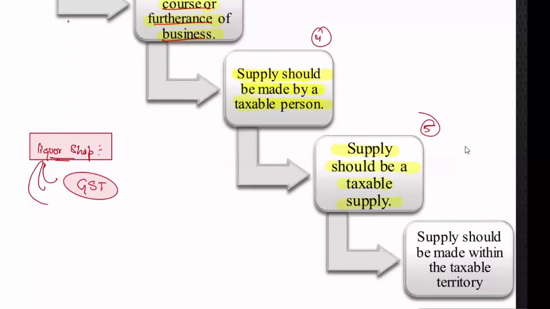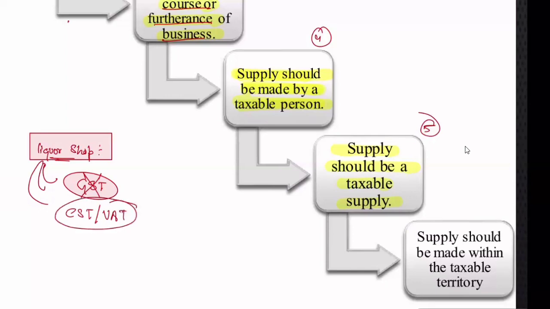You are correct. Who was that? Sumit was correct. Okay, because liquor is outside of GST. The Center agreed with that only, that there will never ever be GST on it. That's why on sale there will be CST or VAT as the case may be.